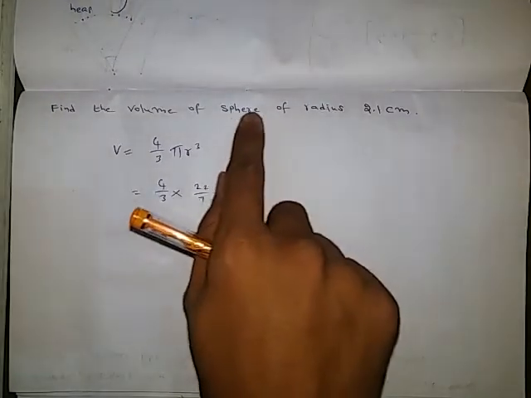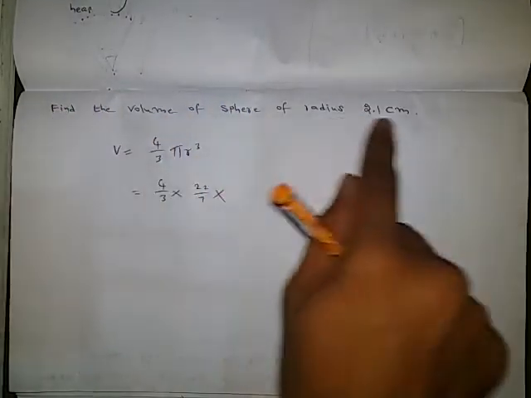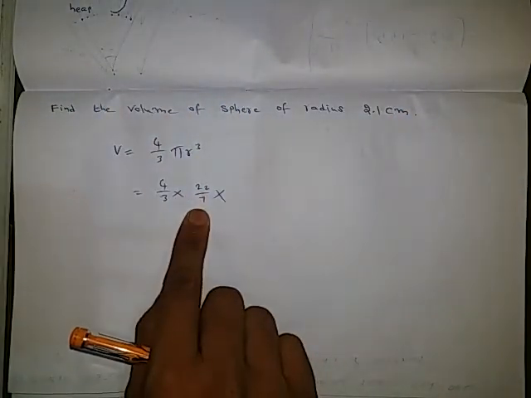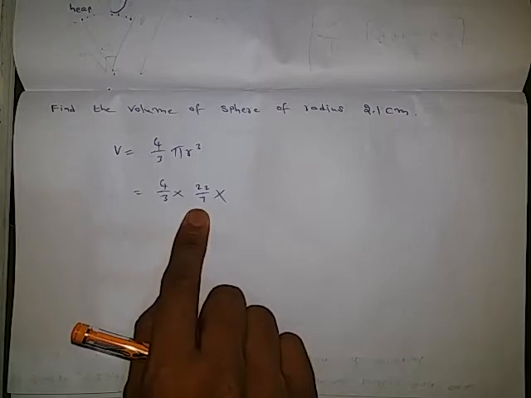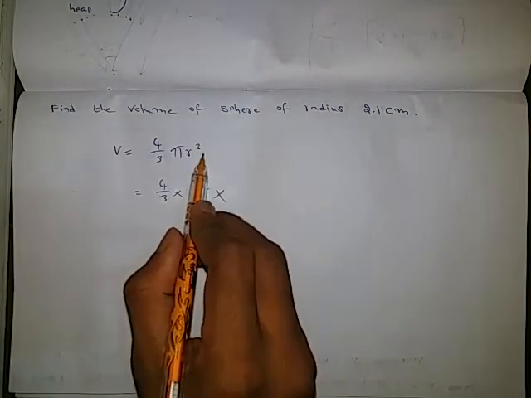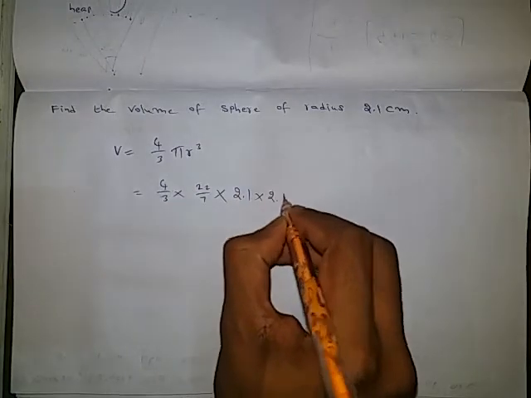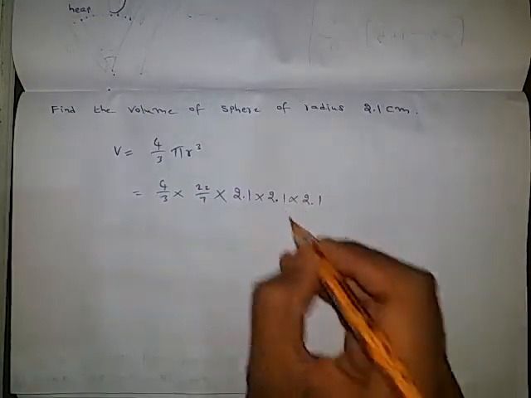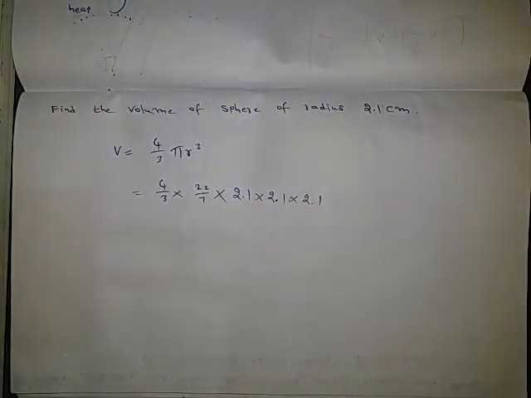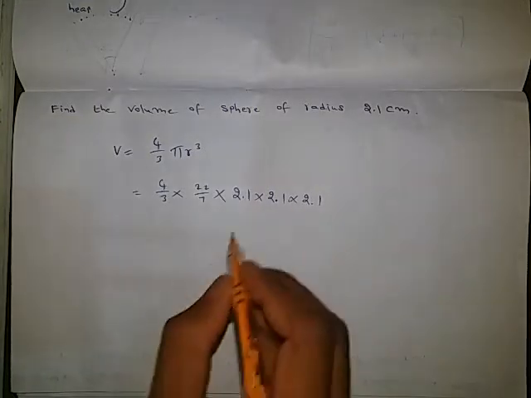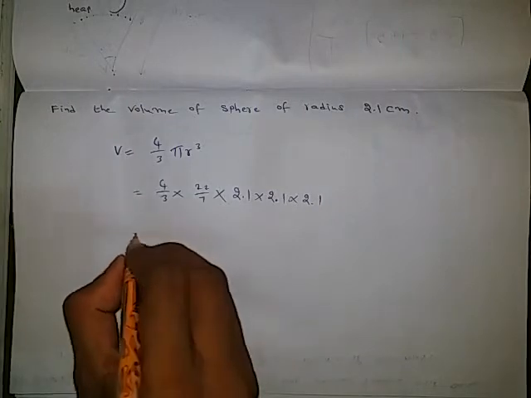So in the question if they didn't mention anything about the pi value, always we need to take 22 by 7 only. If they mention any other value for pi, you need to take that only. For example, 3.14. Now radius cube, radius is given as 2.1, so 2.1 into 2.1 into 2.1. Now always the multiplication of decimals is a little difficult, so let us change this decimal to fraction.